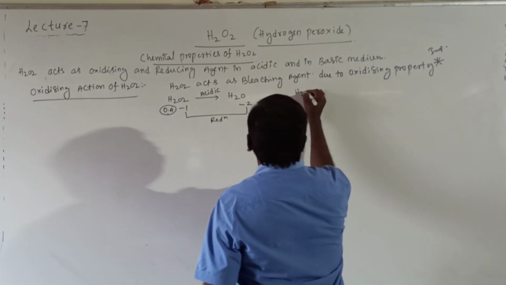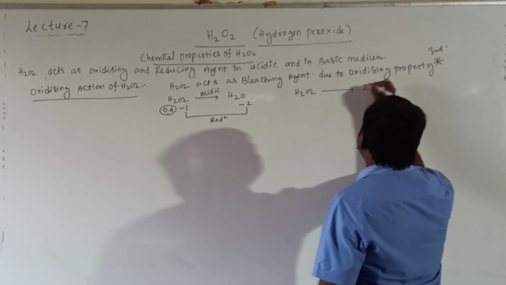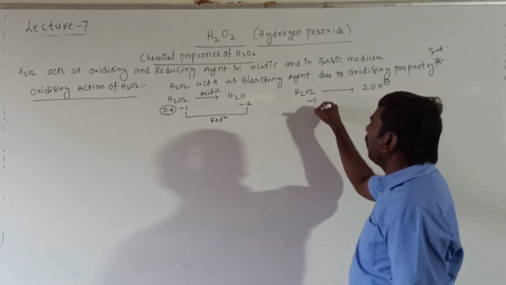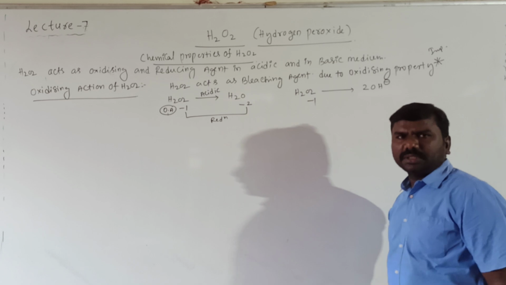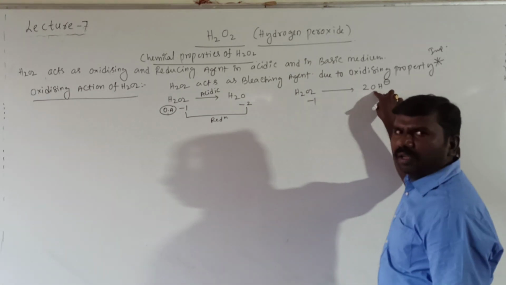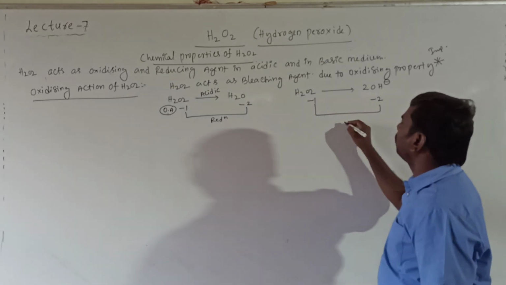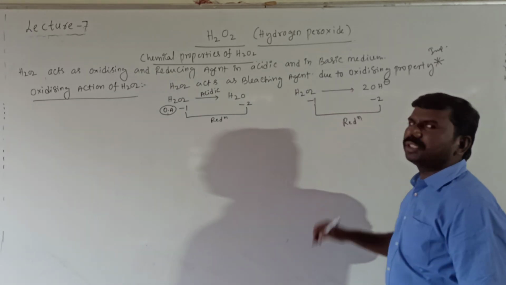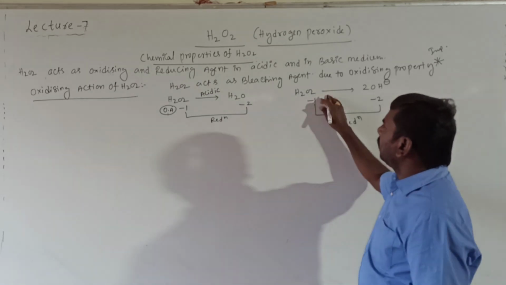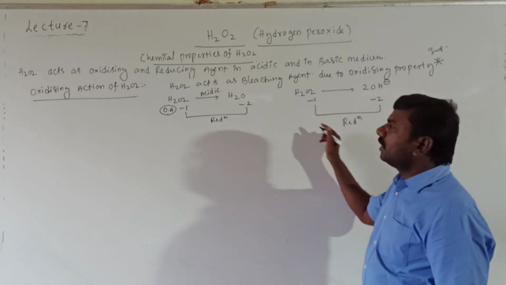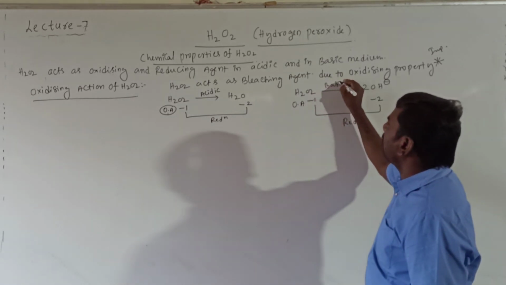Similarly, in basic medium H2O2 gives rise to 2OH minus. Here it is a peroxide, so the oxygen oxidation state is -1. In OH minus it is normal oxygen, obviously -2. So -1 goes to -2, a decrease in oxidation state, which is reduction. It is itself involved in reduction, so it acts as an oxidizing agent in basic medium.